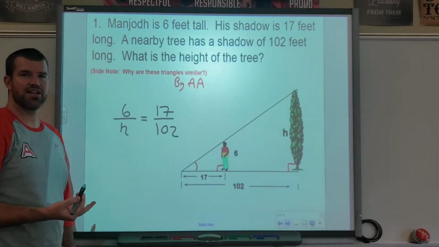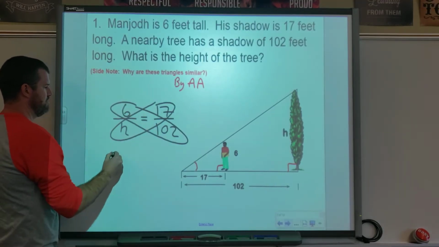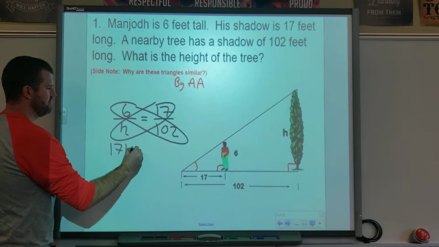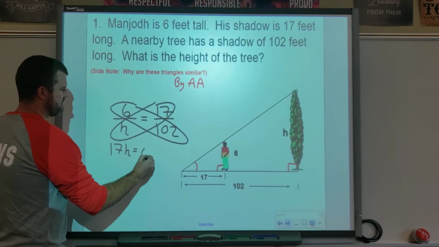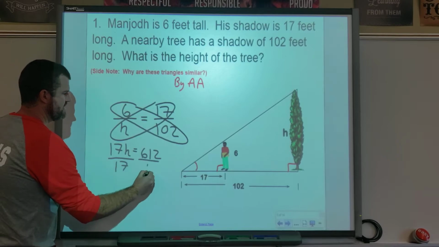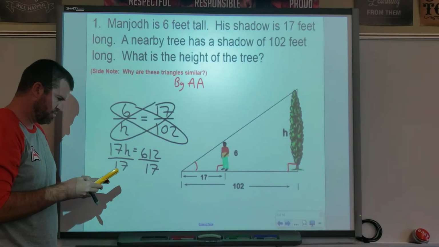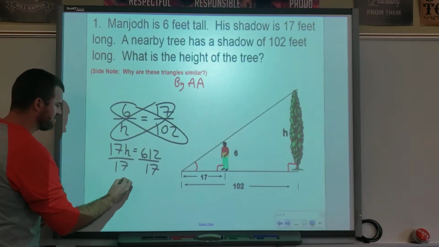And so now we can go ahead and cross multiply. So 17h equals 612. Then h equals 612 divided by 17. And this is where I grab my calculator. 612 divided by 17 is 36.